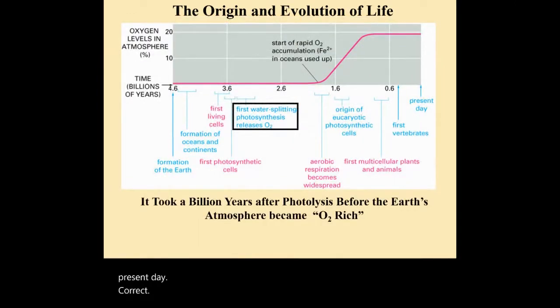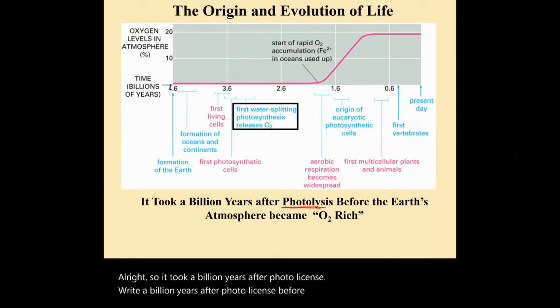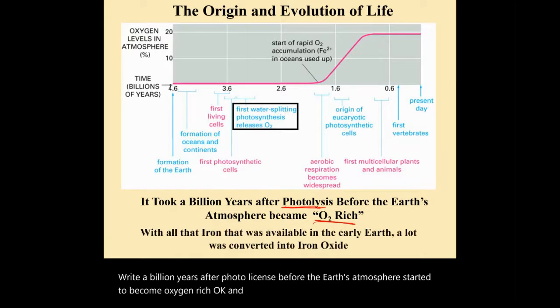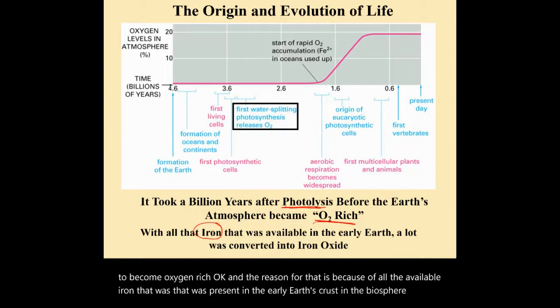So it took 1 billion years after photolysis before the Earth's atmosphere started to become oxygen rich. And the reason for that is because of all the available iron that was present in the early Earth's crust, in the biosphere area of the early Earth.